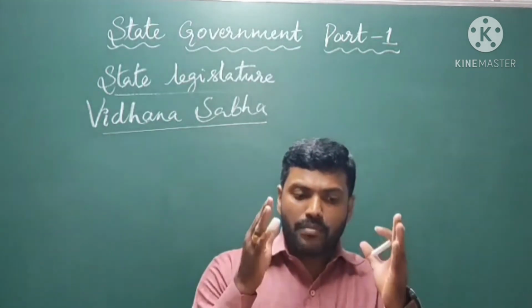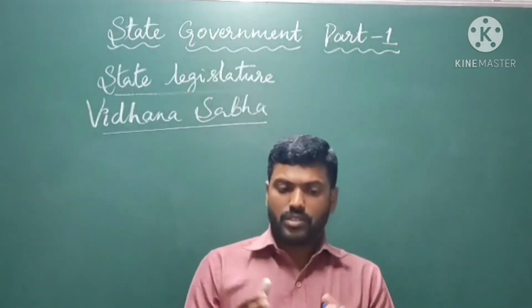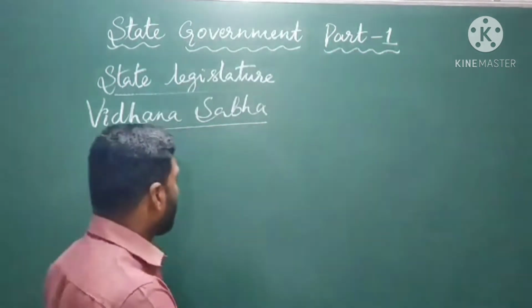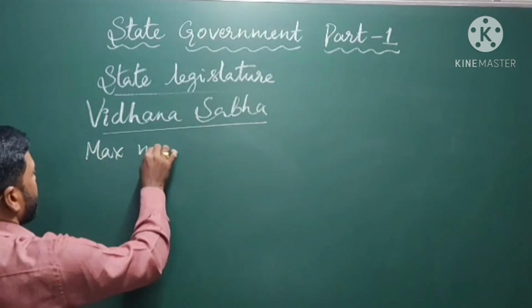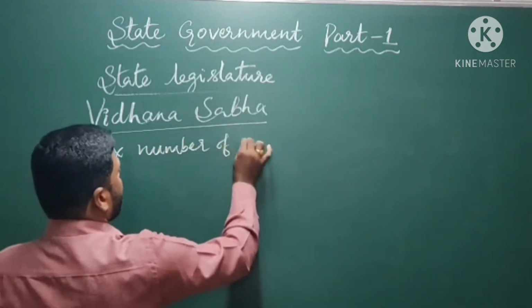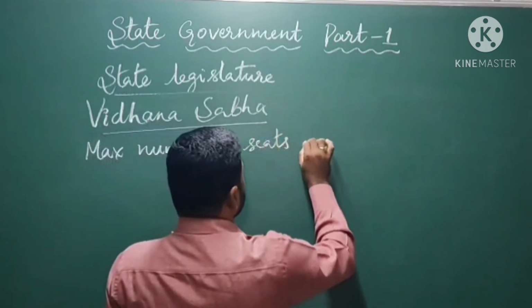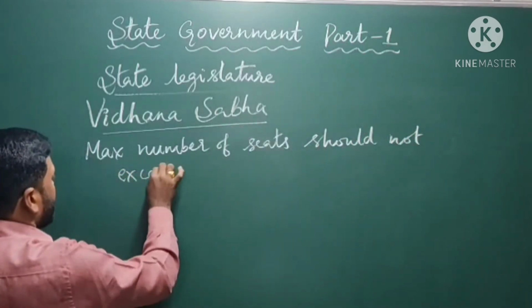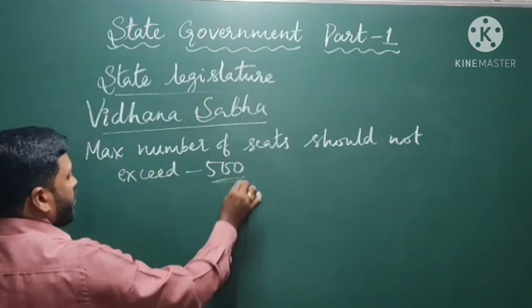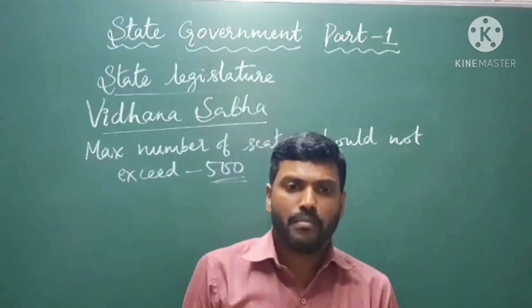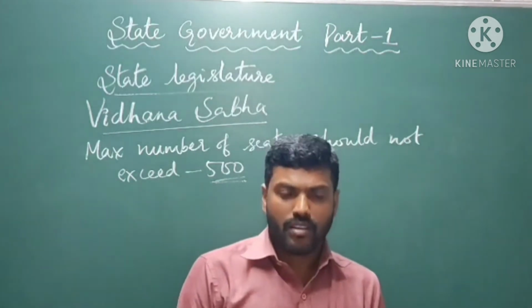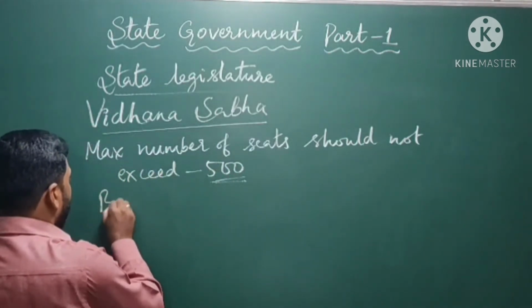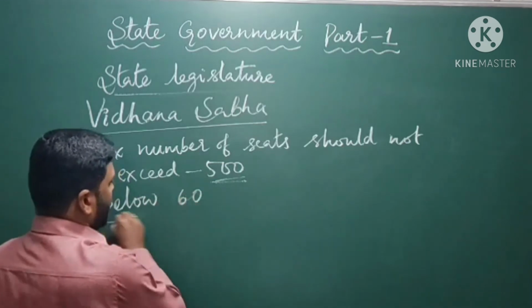According to the constitution, the maximum number of seats in Vidhana Sabha should not exceed 500, whatever the population may be, and it should not go below 60.